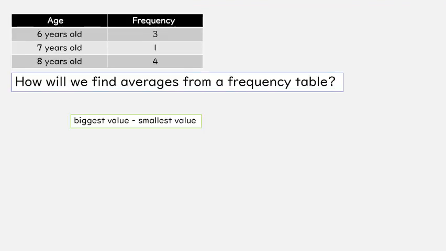So the next average we're looking at is the range. Remember, that is the biggest value, take away the smallest value. So let's just pretend we're writing it in a list and see how we'd work that out, and then we'll have a look at the table. If we were writing these values as a list, the 3 here is telling me there's 3 6-year-olds.